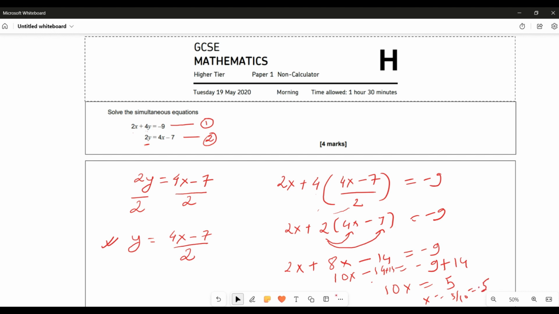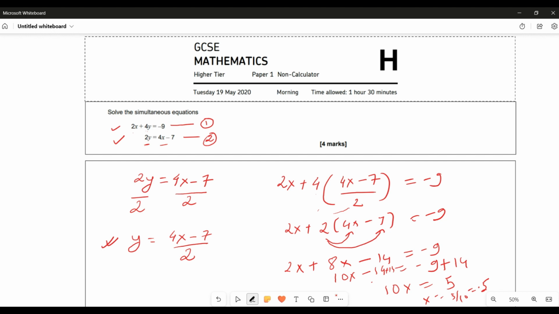Now you got the value of x, but your question is still not complete. You need to take this value of x as 0.5 and substitute it into any one of the equations. It's easier if you substitute this value into equation 2, because you will get 2y and just divide by 2.